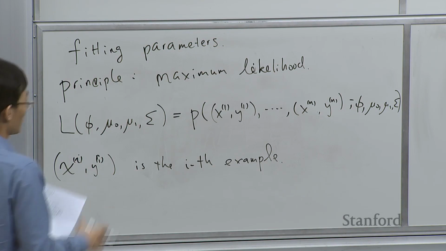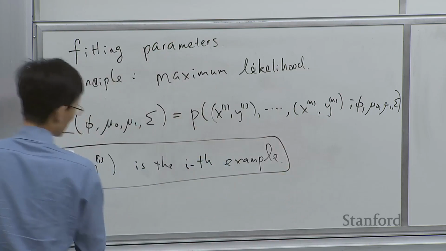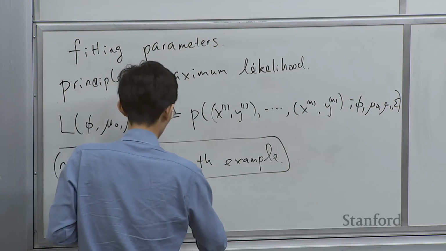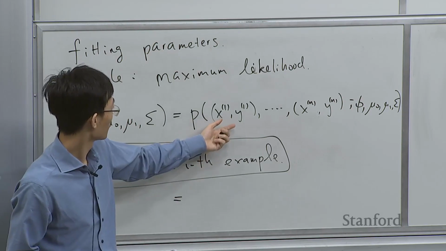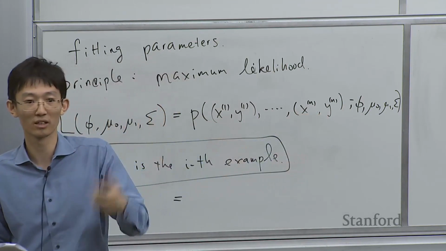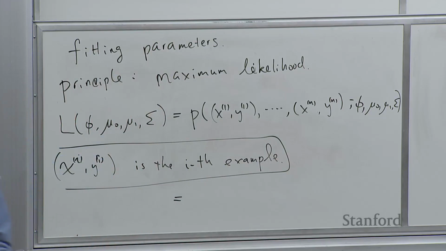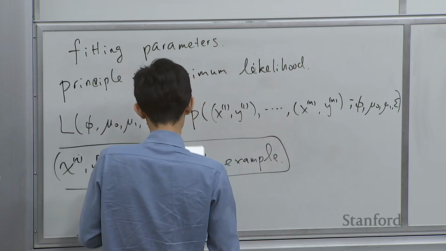And this sounds kind of complicated, but actually you can simplify it a little bit because these examples are independent, right? So you assume that each example is drawn independently. So then you can factorize this.